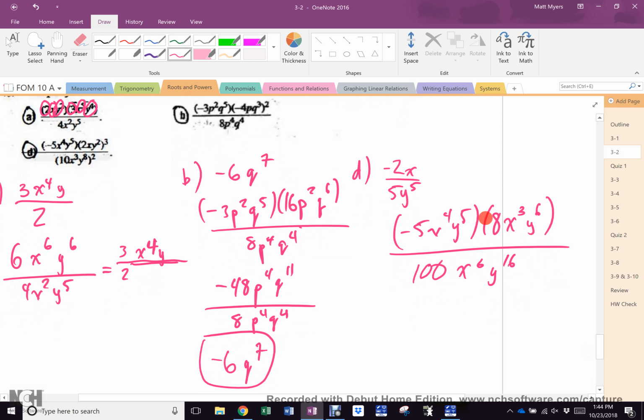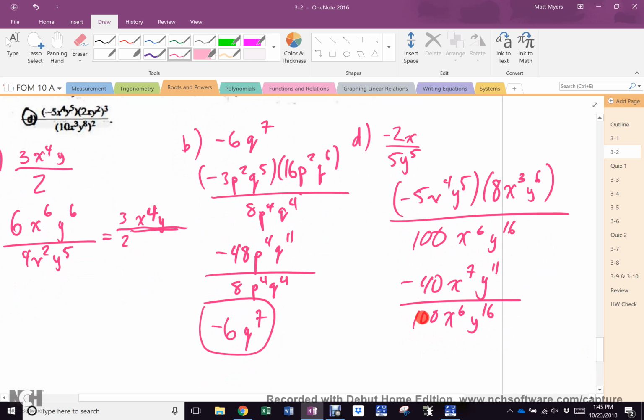Negative 5 times 8 is negative 40, x to the 7th, y to the 11th, over 100, x to the 6th, y to the 16th. Negative 40 divided by 100 is negative 2/5. 7 minus 6 is x to the 1. 11 minus 16 is y to the negative 5th. So it stays down there.